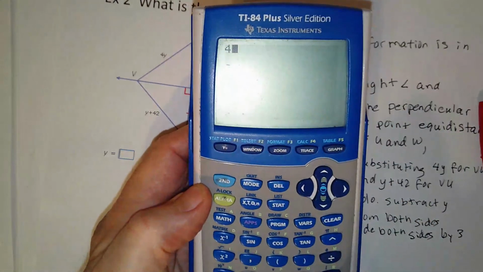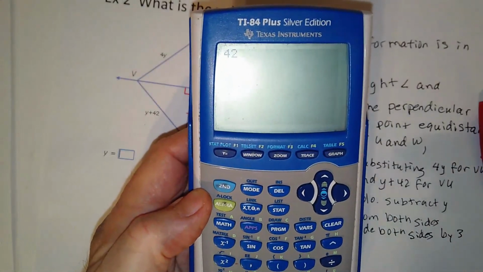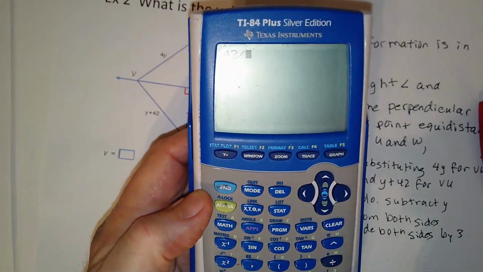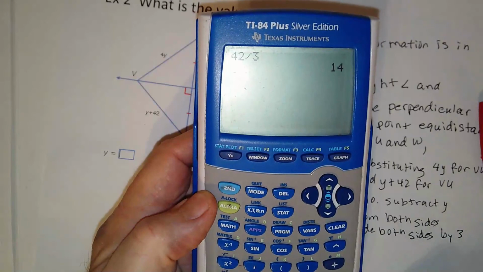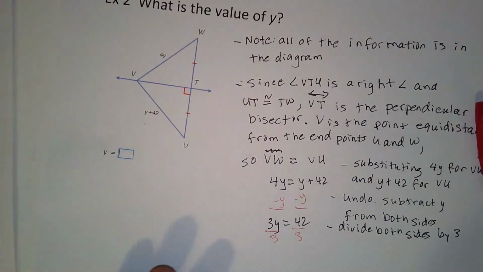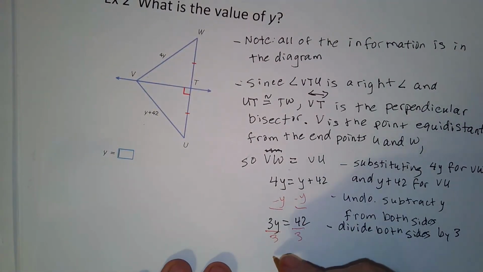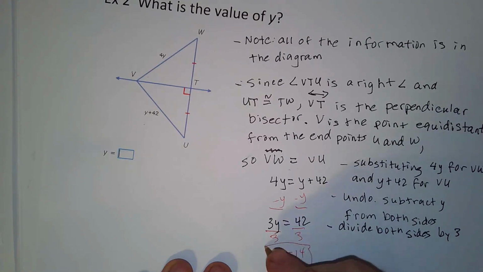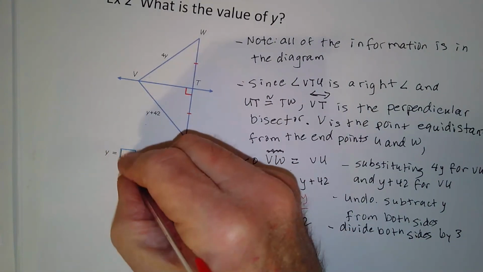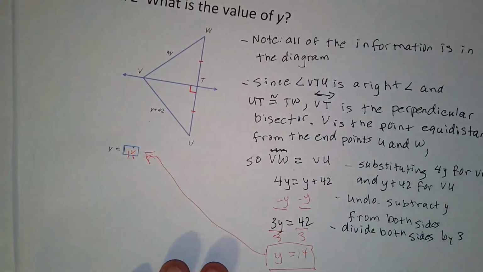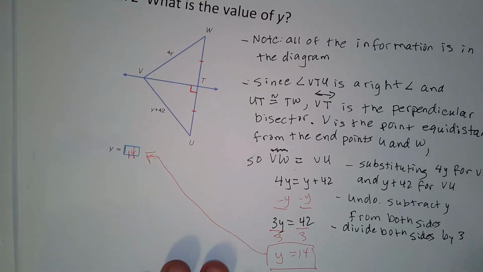So 42, and I'm going to divide that by 3. And I get 14. So Y equals 14. And that was what we wanted. That's our answer. So we're going to put 14 in here. You plug that in and you hit enter.